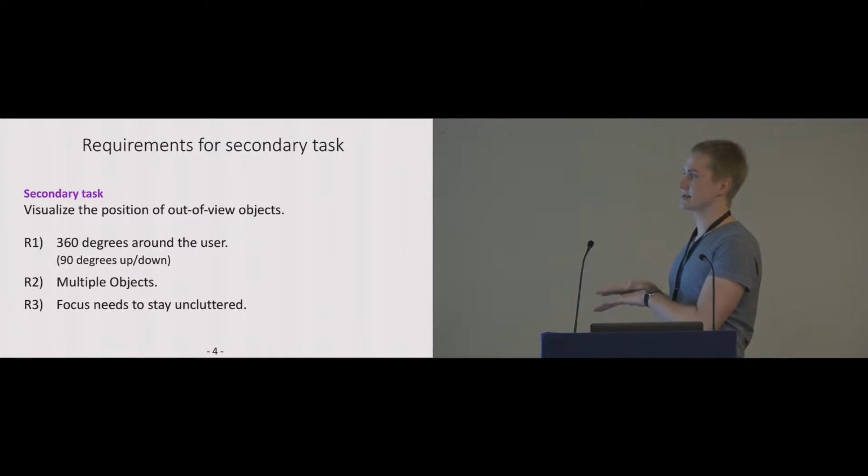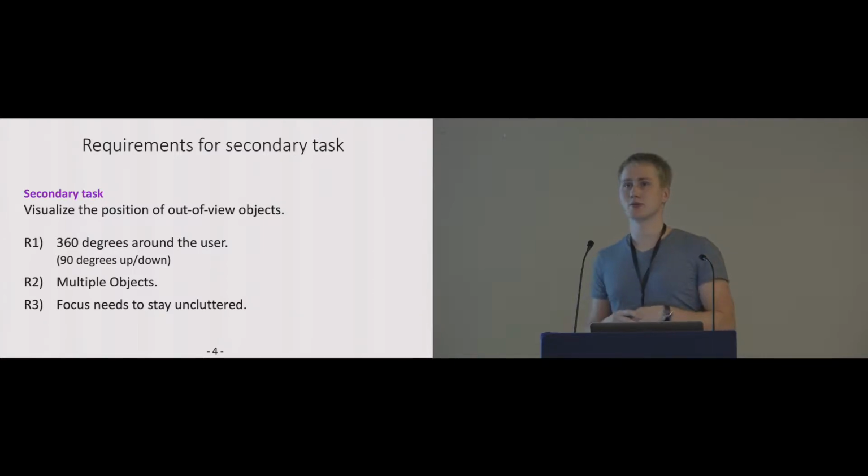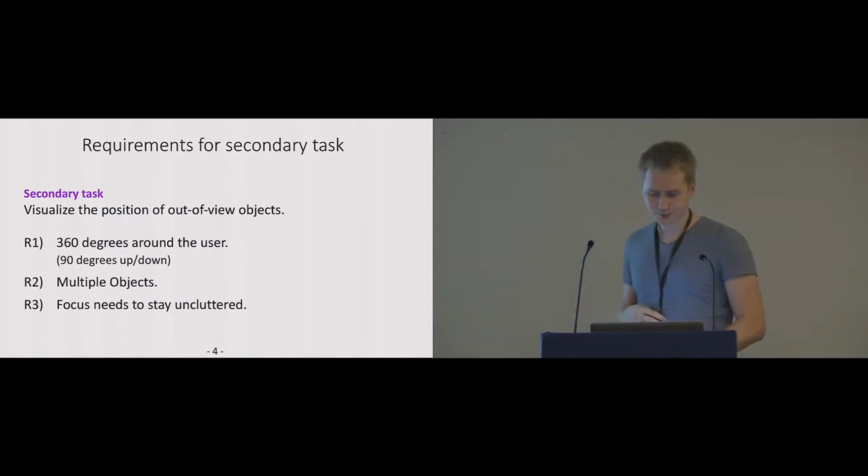So we also have this 90 degrees of up and down. You also have multiple objects, not one, but more than one. And what's also important, because of the primary task, your focus needs to stay uncluttered. So we cannot put information into your focus because you need that.